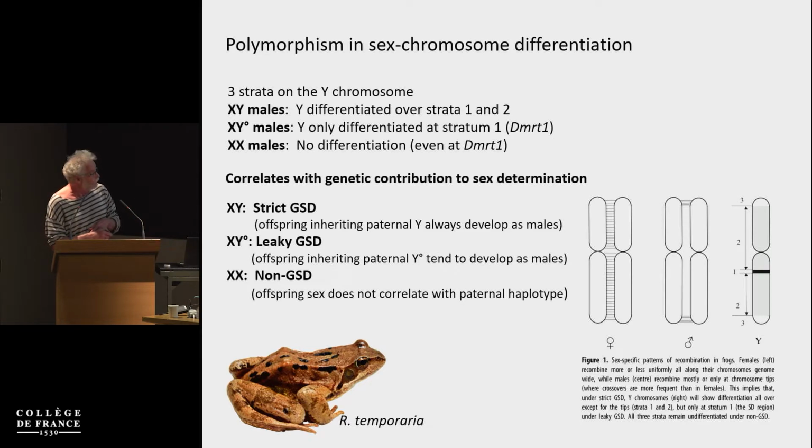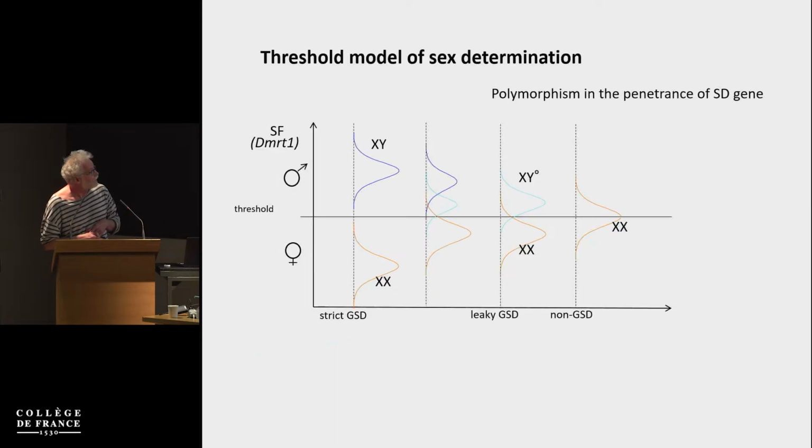So we think sex determination is not genetic in these ones. And this data fits well with the so-called threshold model of sex determination. The idea is that the expression of a sex-determining gene decides the sex of the individual. In the case of Rana temporaria, it's most likely DMRT1, the level of expression of DMRT1 during the sensitive period of development.